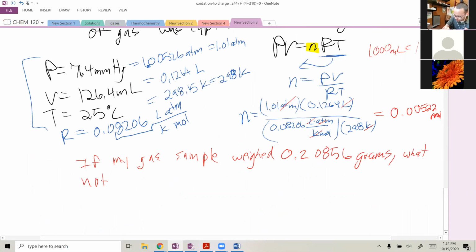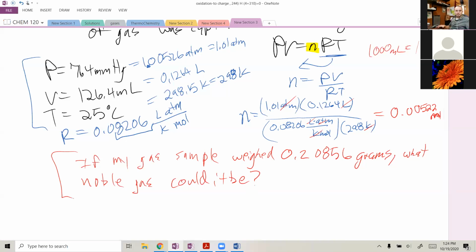What noble gas could it be? So we've captured this gas, we found the number of moles, and now I'm telling you its weight. So I would like to know what noble gas could it be? So I want you guys to go ahead and figure that part out. What noble gas could this be?